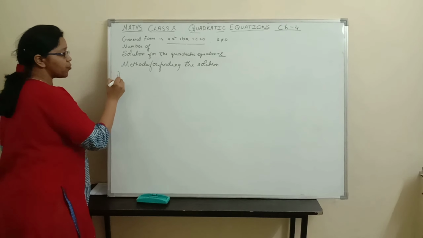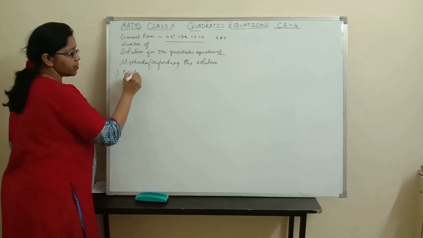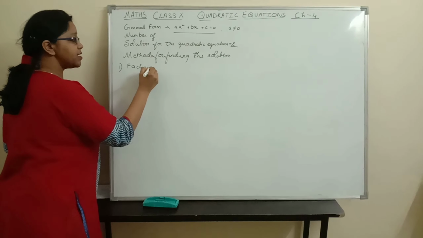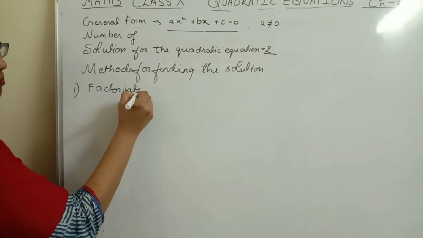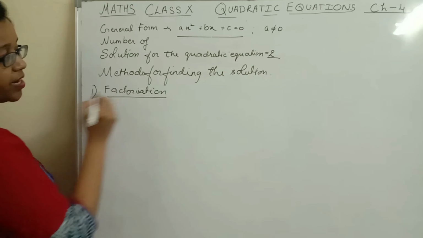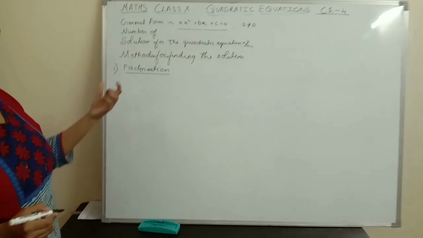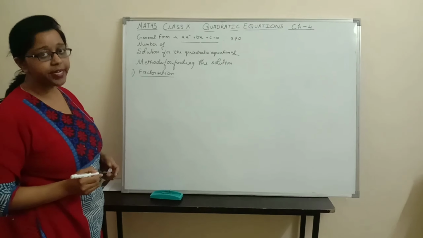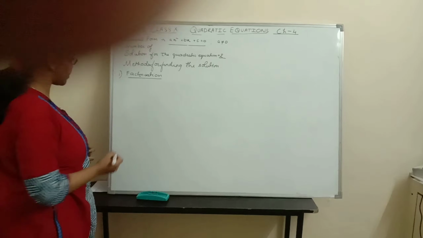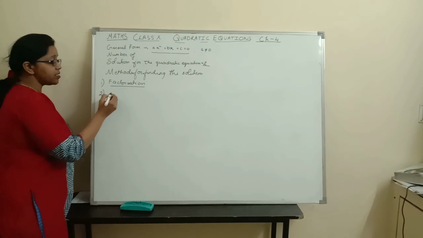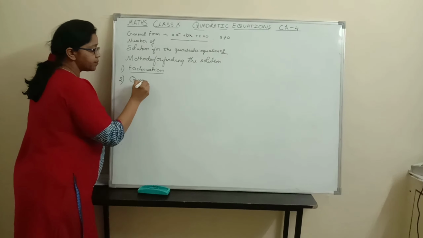The first one is factorization. Factorization we are learning from class 8 itself, in which we factorize by splitting the middle term, which you must have studied in class 8 as well as in class 9. The second method is the quadratic formula.